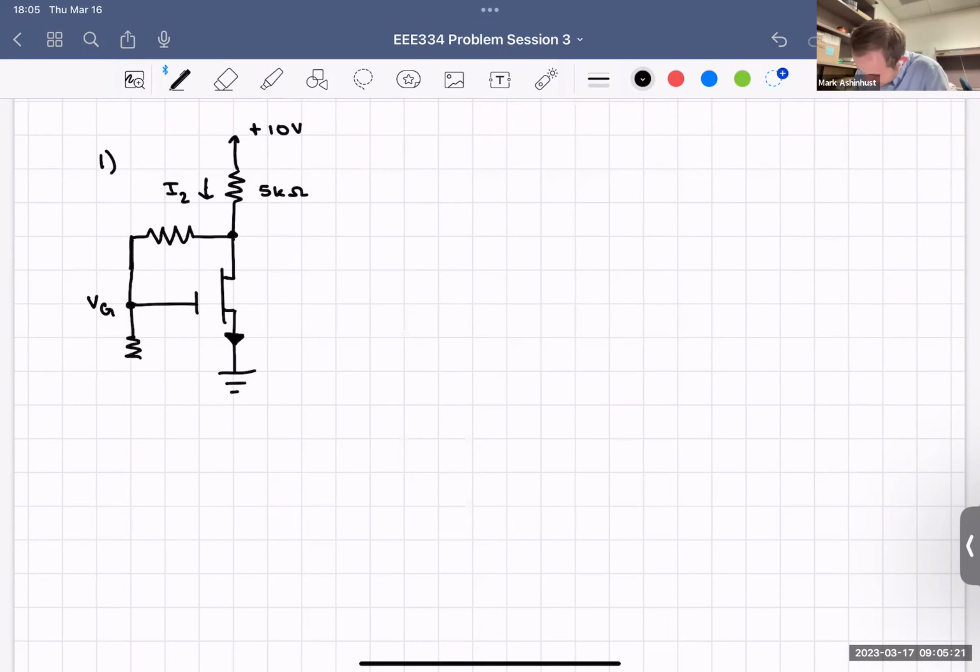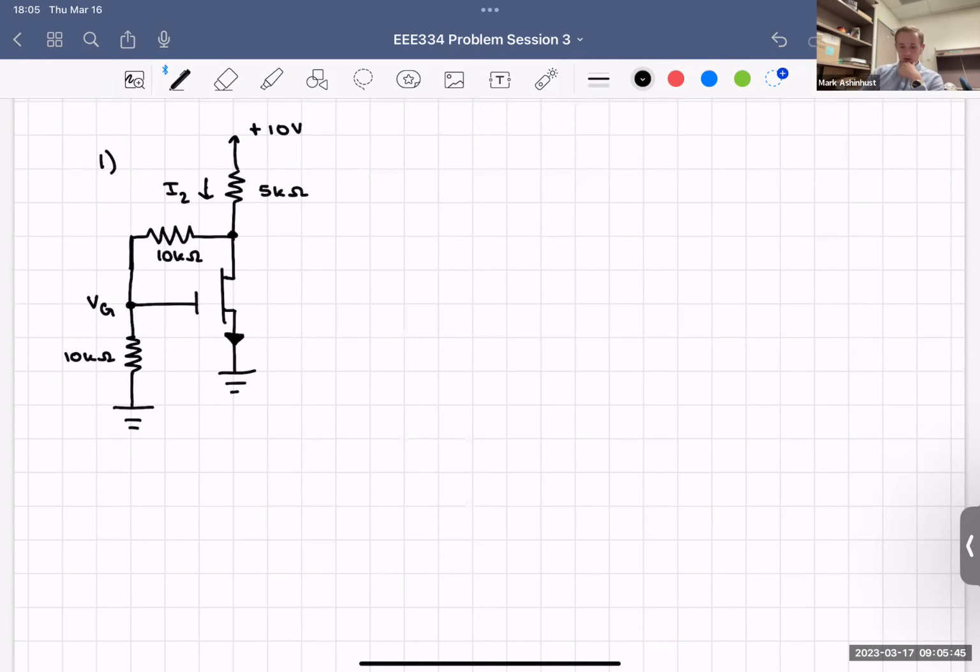While I continue drawing, that's going to be the first thing we define together. And this is going to be a 10 kilo ohm resistor. Great. I never labeled the one up top here. We've got a 10 kilo ohm up here as well. So we've got this MOSFET circuit drawn here.